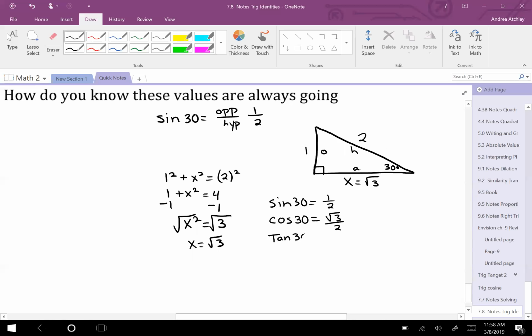The tangent of 30 is going to equal opposite over adjacent, so 1 over square root 3.